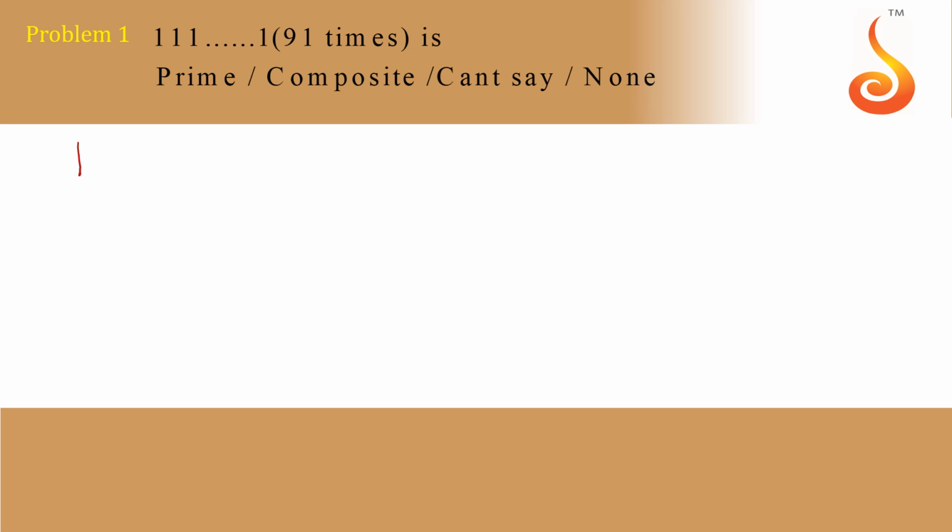So 1, 1, 1, and so on, 1, 91 times, I can write as 1 plus 10 plus 10 square plus so on 10 power 90. So there are 91 terms. Let us split into two brackets.